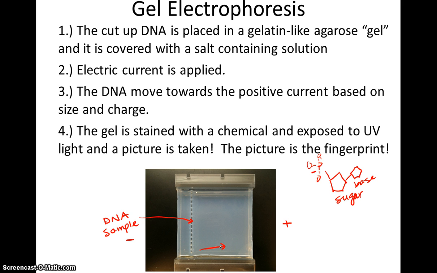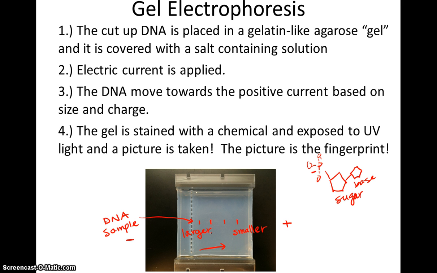The other thing that this is going to be moved on is not only based on charge, but the size. So when you run this out with the electric current, those base fragments that are the smallest are going to run the fastest. So you'll end up with bands, when you look at it, where you have the smaller bands at the bottom and the larger fragments at the top.